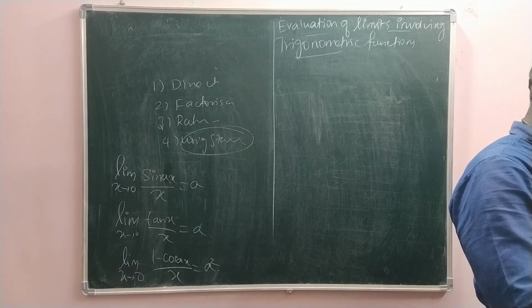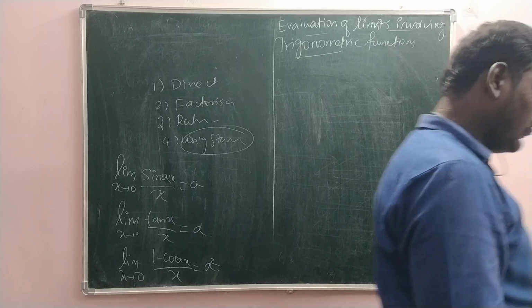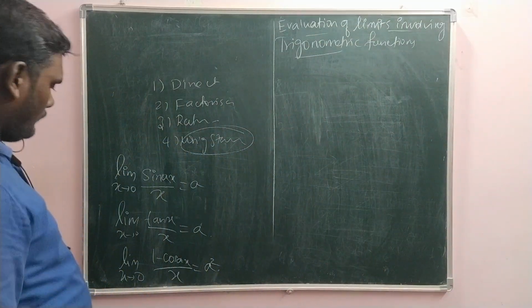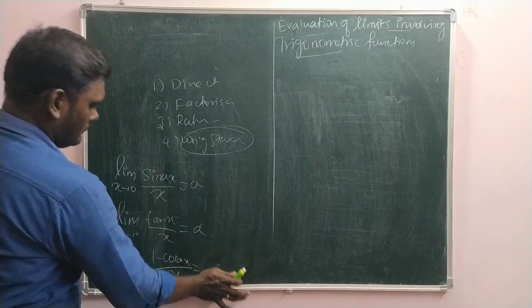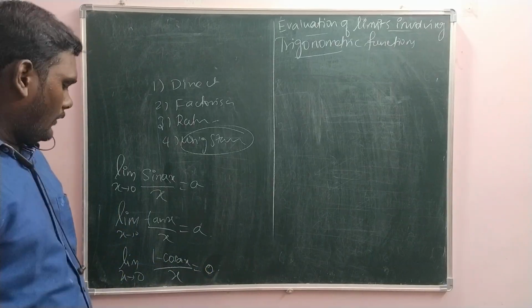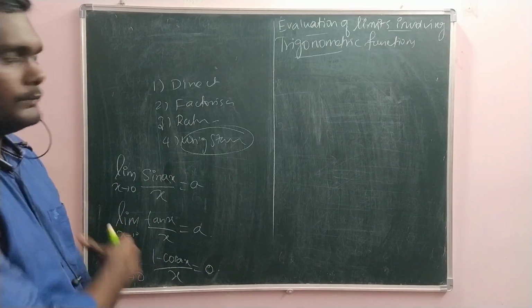Exercise 2.3. Sorry, this is 0. 1 minus cos x by x, this is 0.